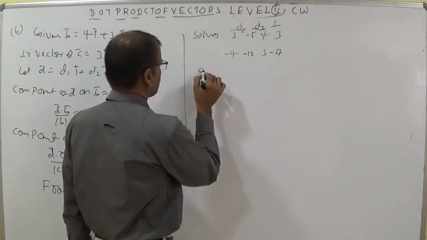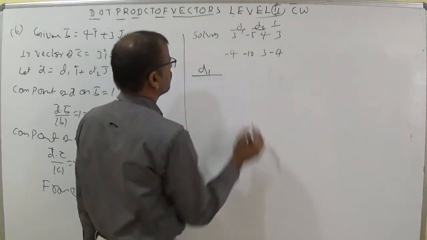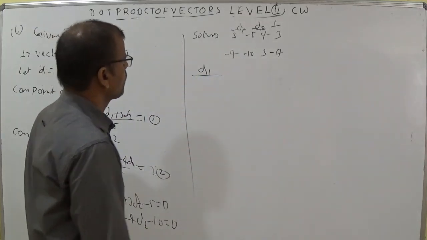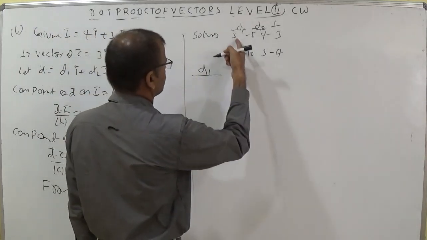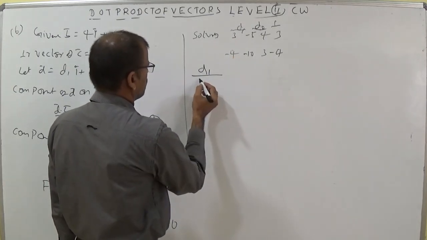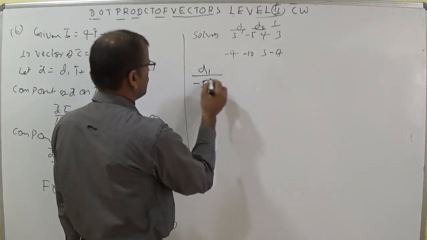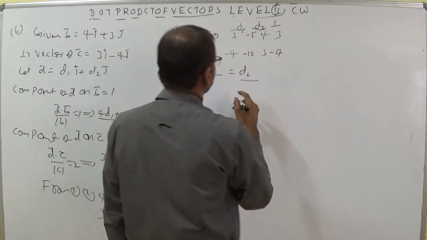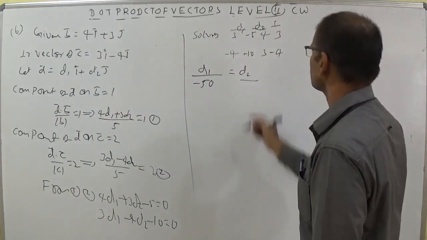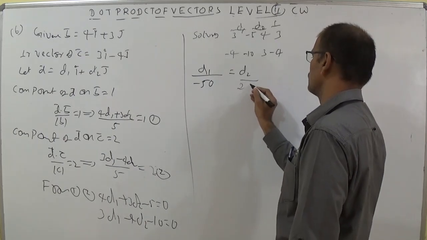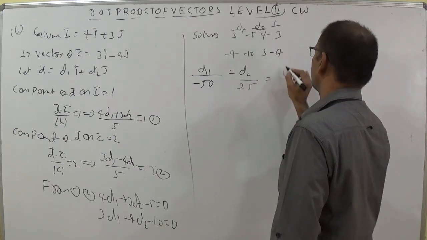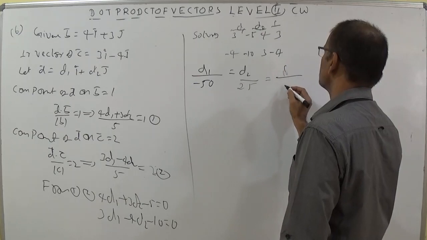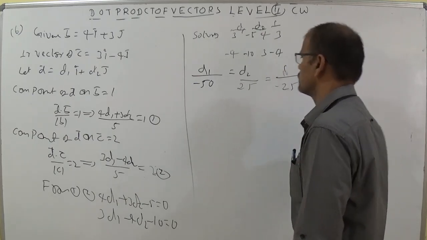So d1 by minus 30 minus 20, d2 by minus 15 plus 40, this is 25, and 1 by minus 16 minus 9, minus 25.